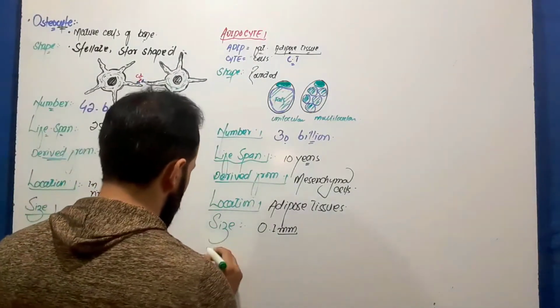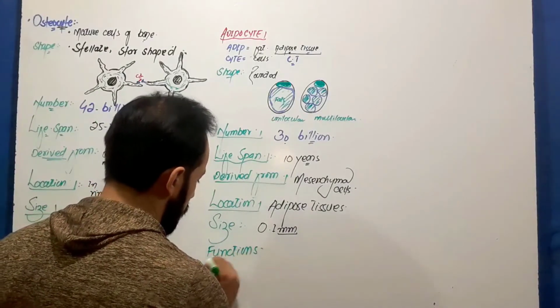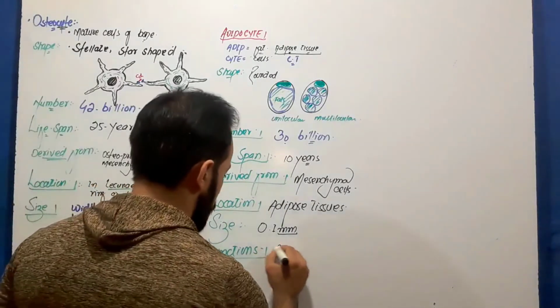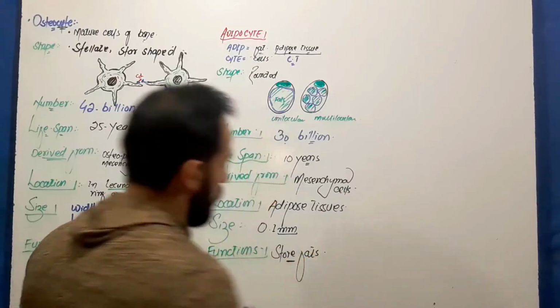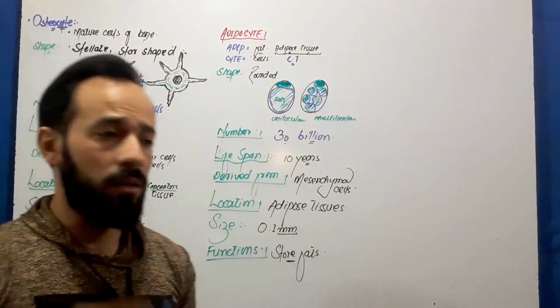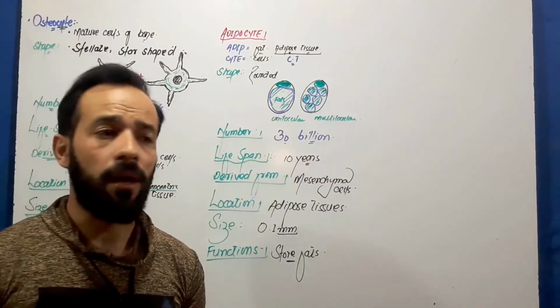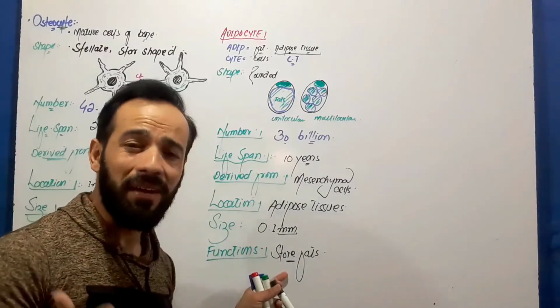And what is their function? What are the functions of these adipocytes? Quite simple. They store fats. Other than this, they also help in synthesis of glucose. They also help in synthesis of triglycerides, fats, right?